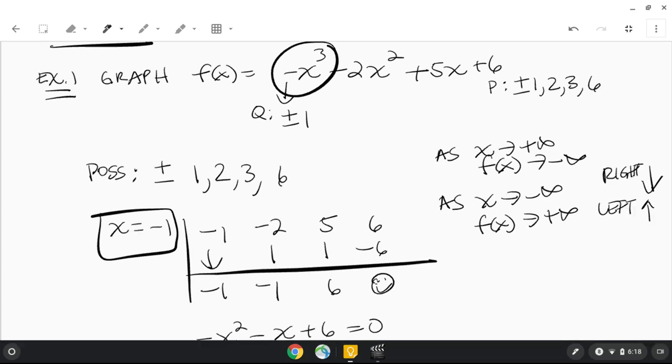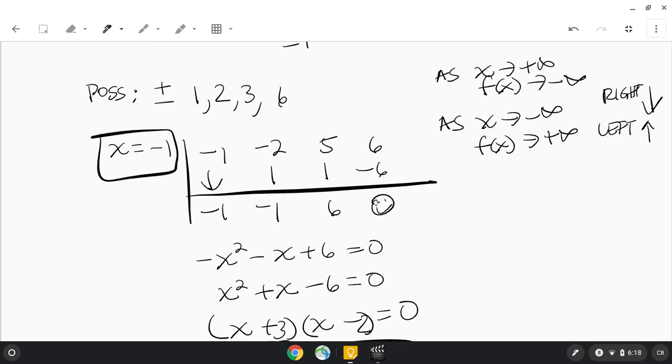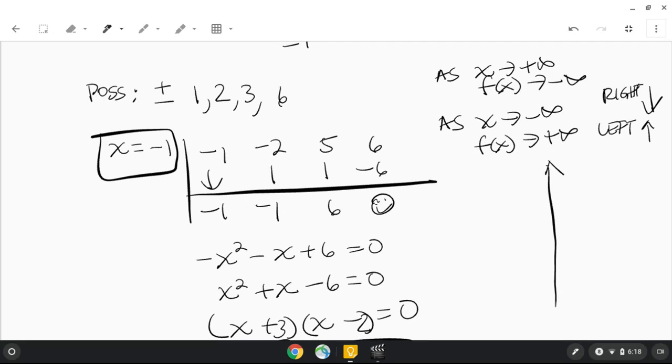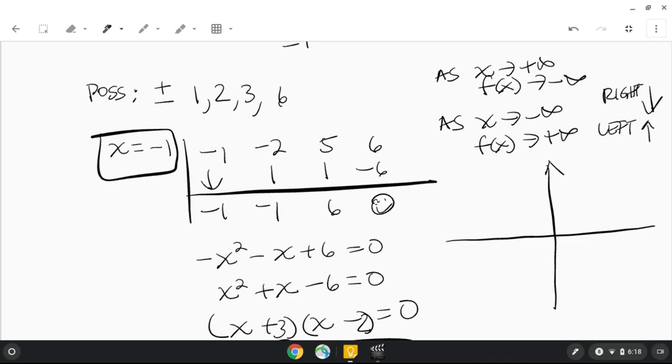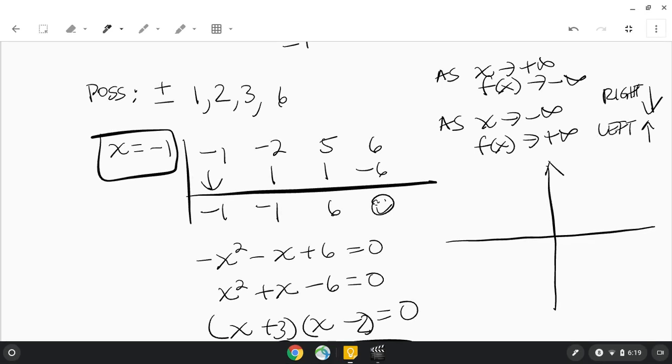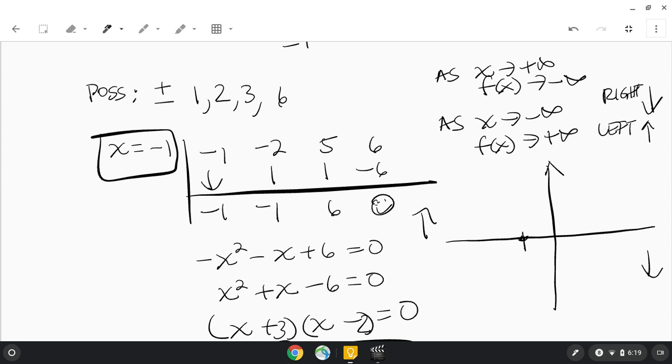All right, putting this all together, we have our x-intercepts and our end behavior, so I can do my graph. Left side should be going up, right side should be going down. I have a 0 at -1, also one at -3 and one at +2.